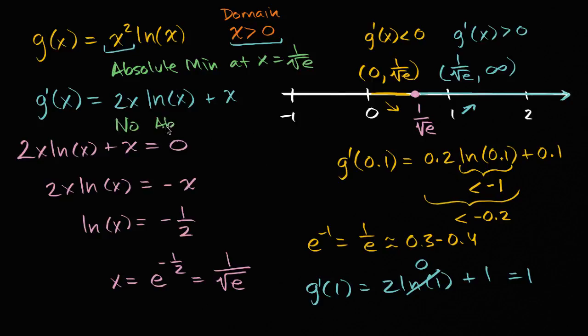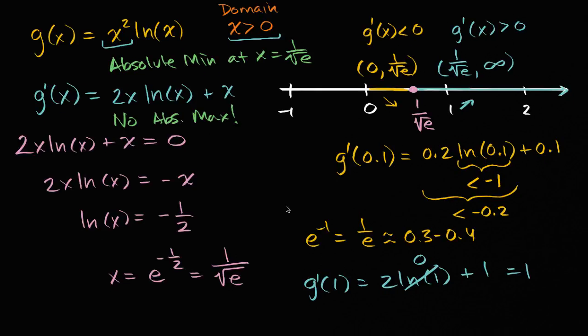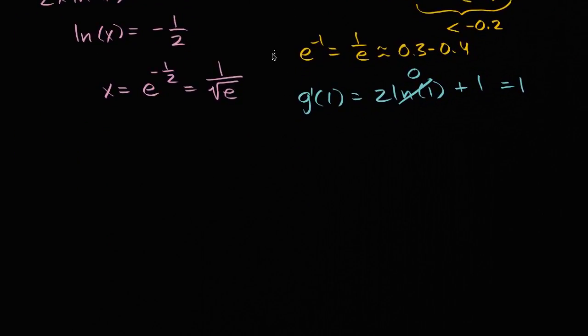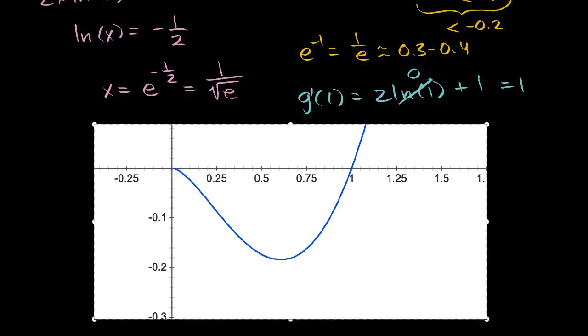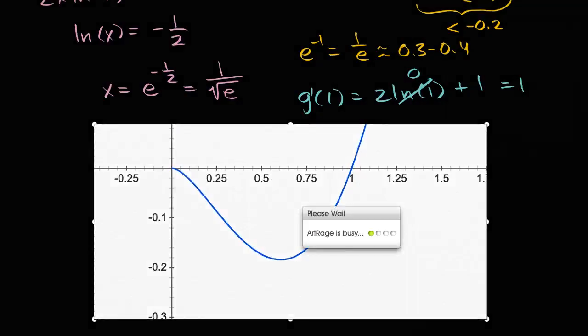No absolute maximum point. And now let's look at the graph of this to feel good about what we just did analytically, without looking at it graphically. I looked at it ahead of time, so let me copy and paste it. And so this is the graph of our function.